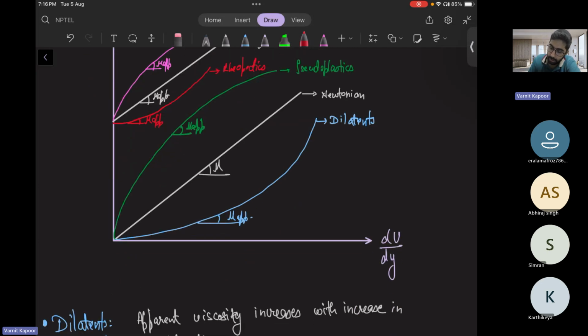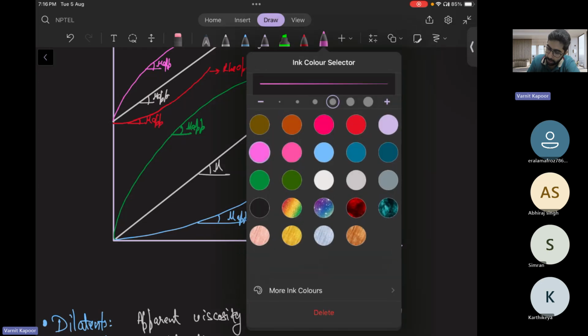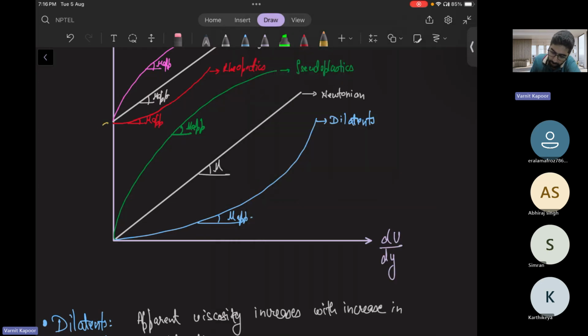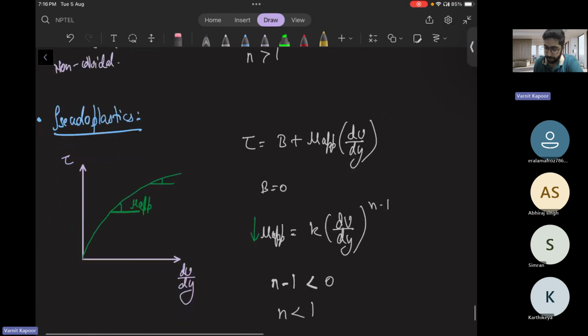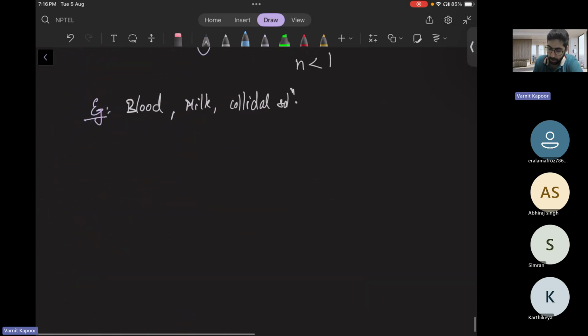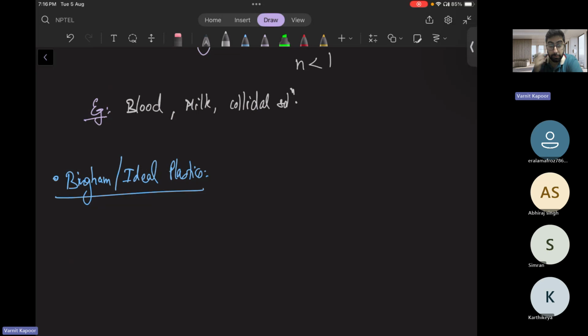So if you observe here, in all these scenarios, there is some constant shear stress, tau E. That is, B is non-zero in these scenarios. So Bingham, first let me write Bingham or ideal plastics.